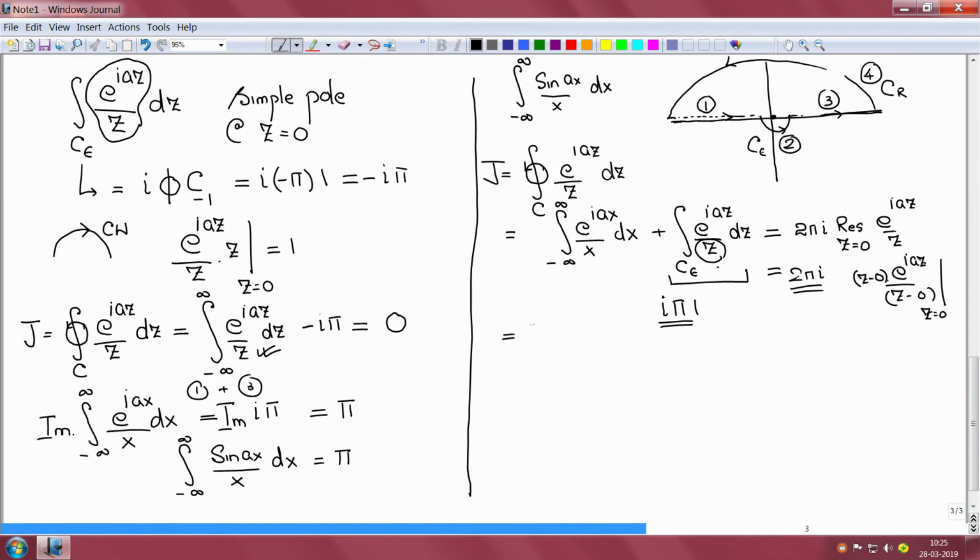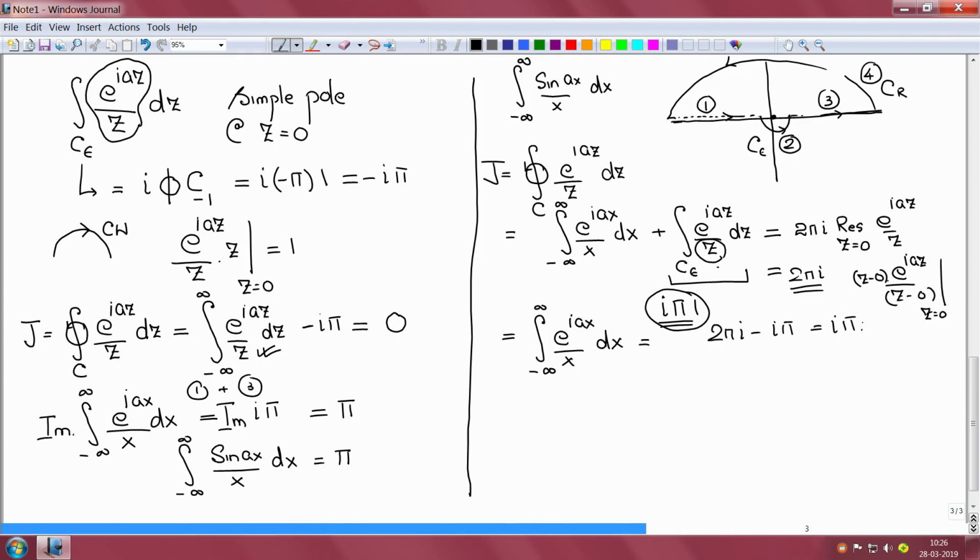So, what I get now is integral minus infinity to infinity e to the power of i a x over x dx equal to, shifting this i pi to the other side, twice pi i minus i pi, which is equal to i pi.